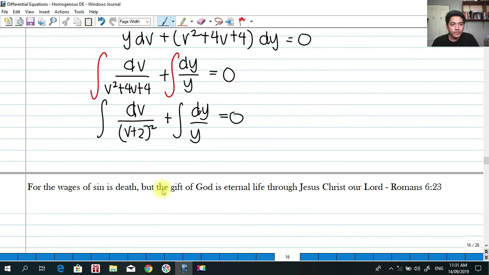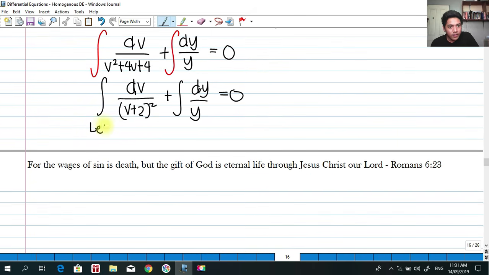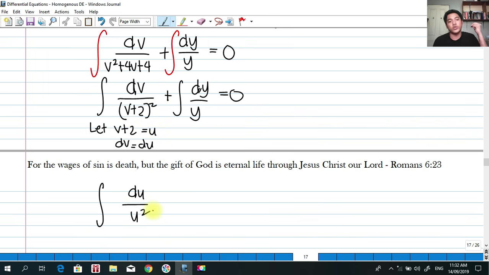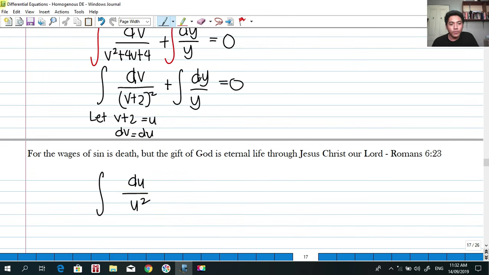Again, if we let v plus 2 equal to u, the derivative of u with respect to v is 1, so dv is equal to du. We can substitute simply: du over u squared, plus the integral of dy over y is equal to 0.